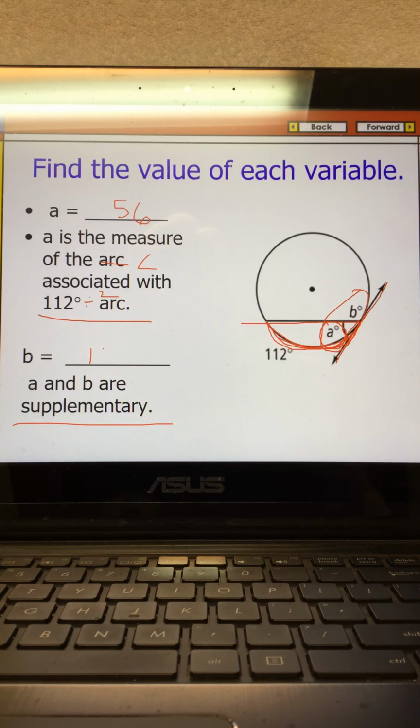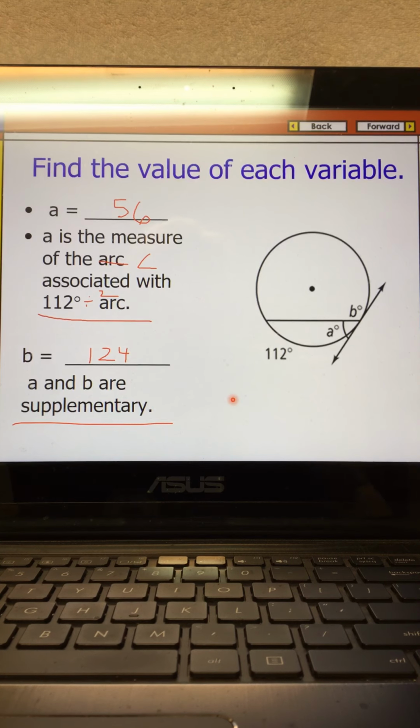And I think that would be 124. 180 minus 56 would make 124. So again, this is to me the harder of the two situations, because this arc is wrapped around that chord. So you have to see that chord and that arc looped around it. And this angle in here is half of this arc right there.